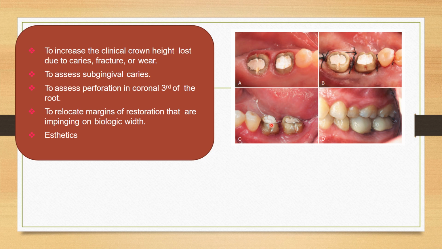At least 4 mm of tooth structure is needed for the crown placement. So we will be suturing back at the level of bone. This is also helpful to assess subgingival caries, to assess perforation in the coronal third of the root, to relocate margins of restoration that are impinging on biological width, and also for aesthetics.